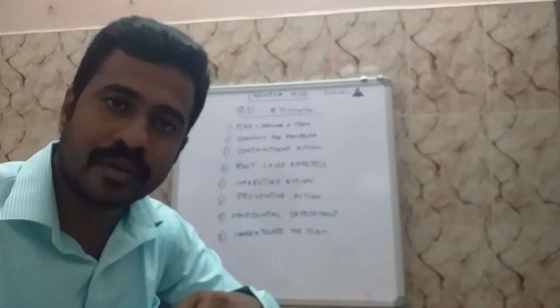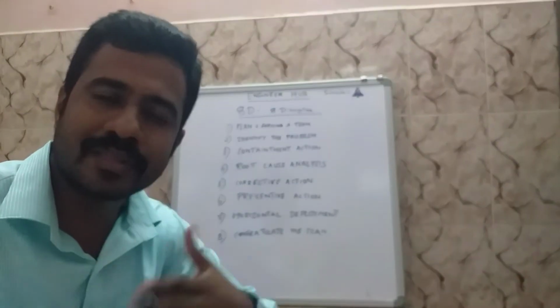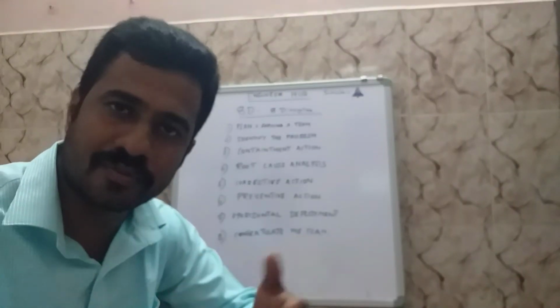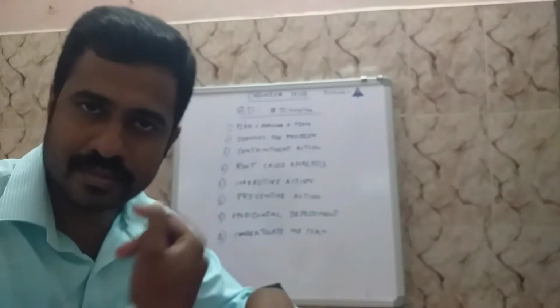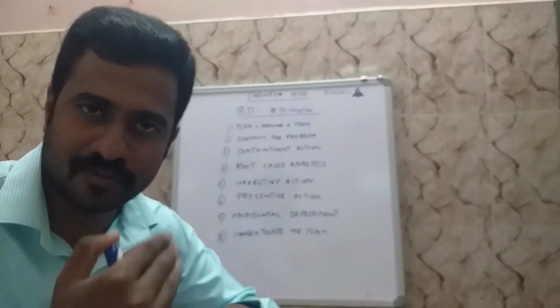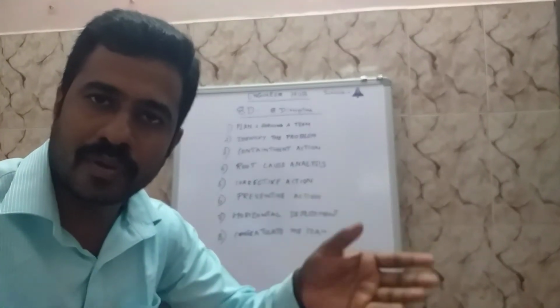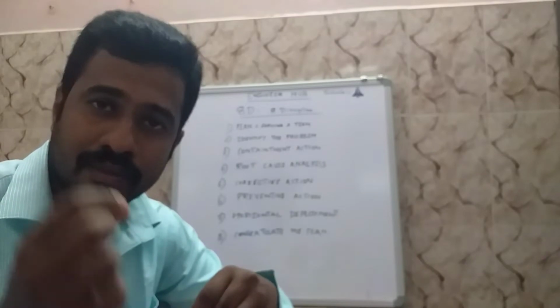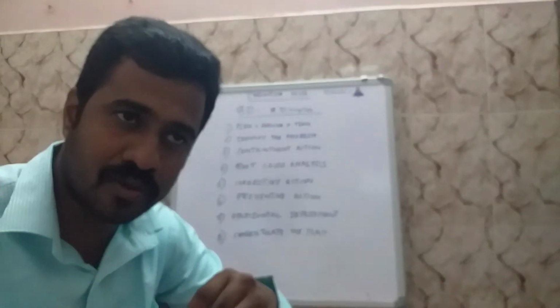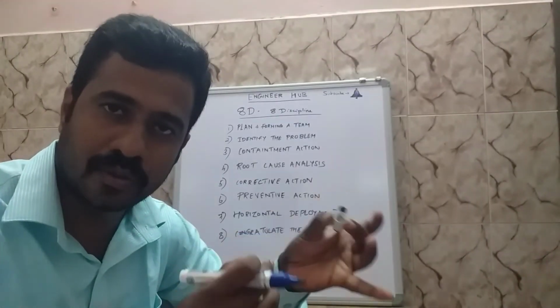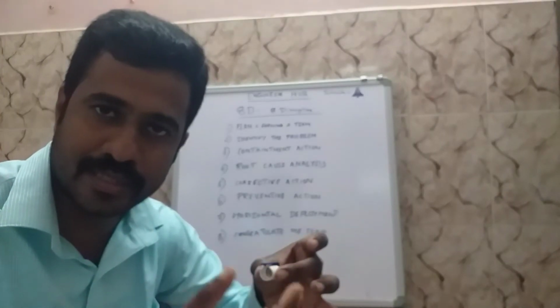You have to form the team, explain this to everyone, and whatever things I'm telling you, you just have to put down in a format. I'm basically explaining what the format is all about. You have to tell what the problem is, give the tiny detail, and the specification: what the drawing should be and what the actual condition is.